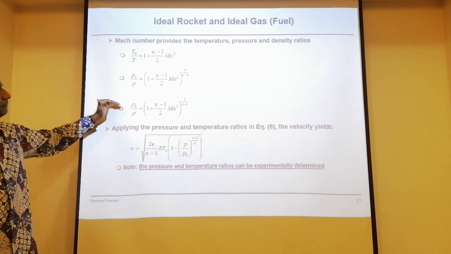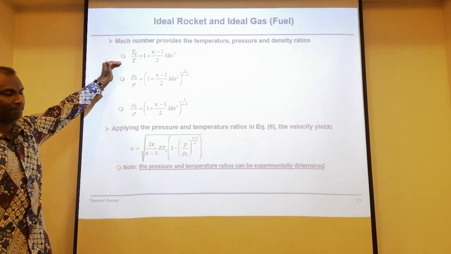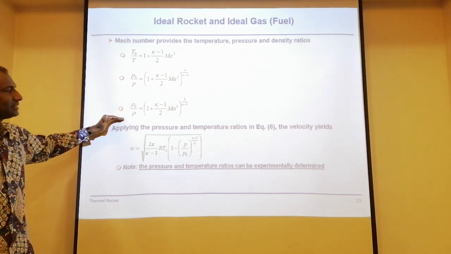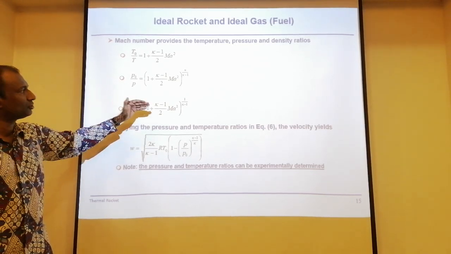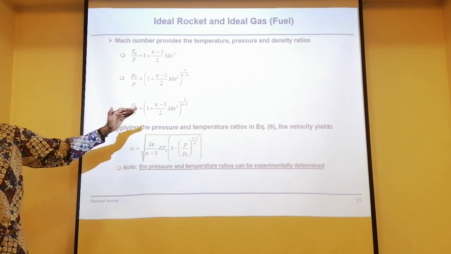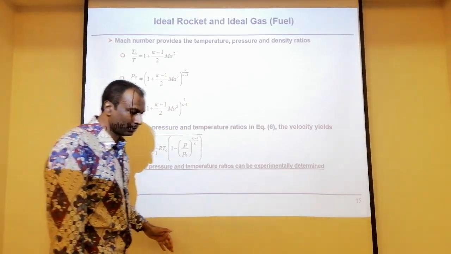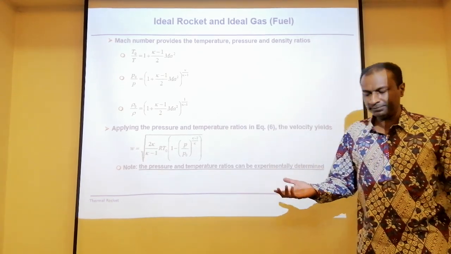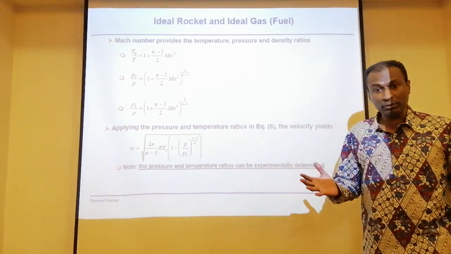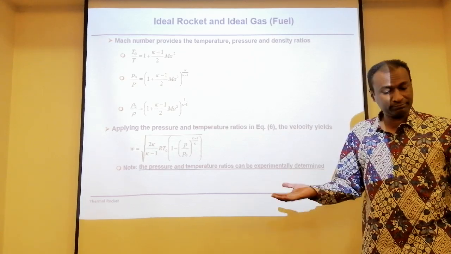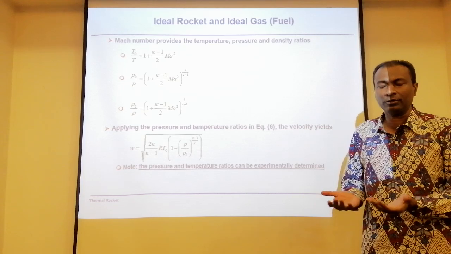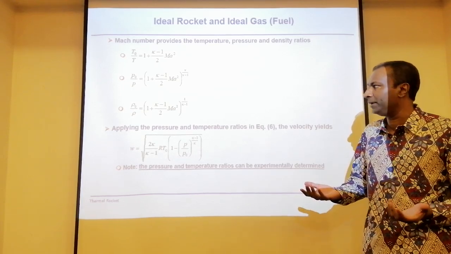So very importantly, I now have the temperature ratio, the pressure ratio, and the density ratio as a function of kappa and Mach number. Which means life is now easier. I just have to decide what fuel I'm going to use. Let's say I have a fuel, so I can calculate the Cp over Cv, or rather it comes with the Cp over Cv already.